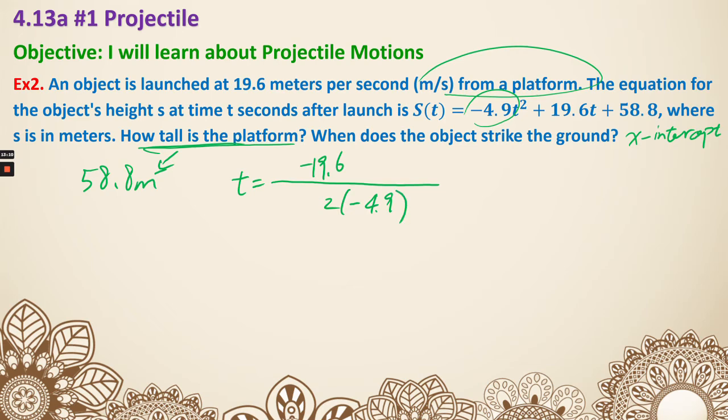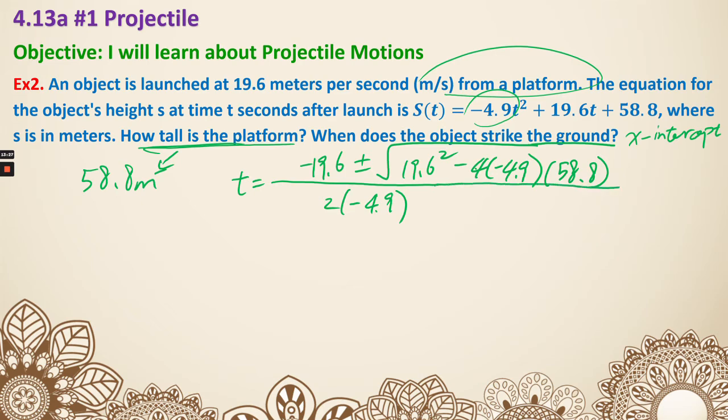As for the top, plus or minus square root of 19.6 squared minus 4 times negative 4.9 and then times 58.8. You can put all that in your calculator and you should actually get 2 different answers. The square root part is going to give you plus minus 39.2 and the bottom is negative 9.8.